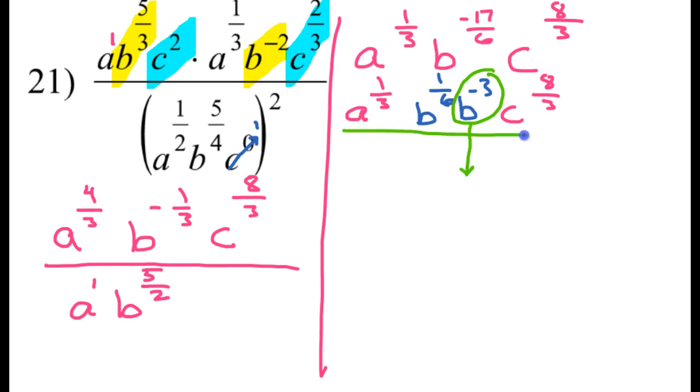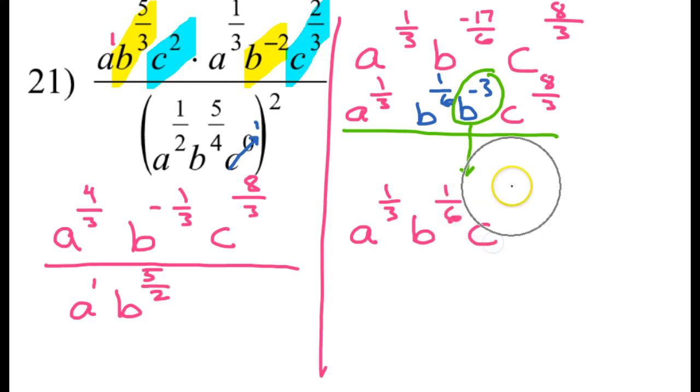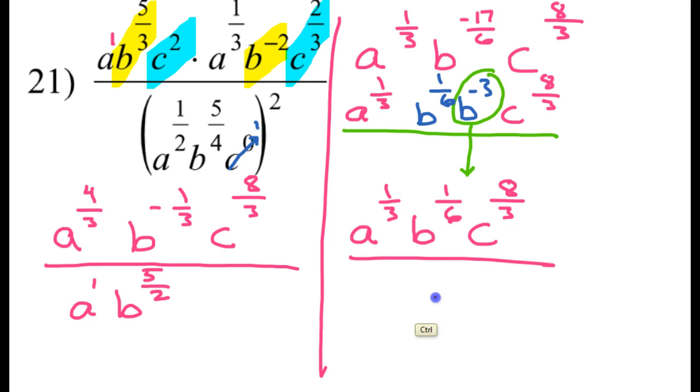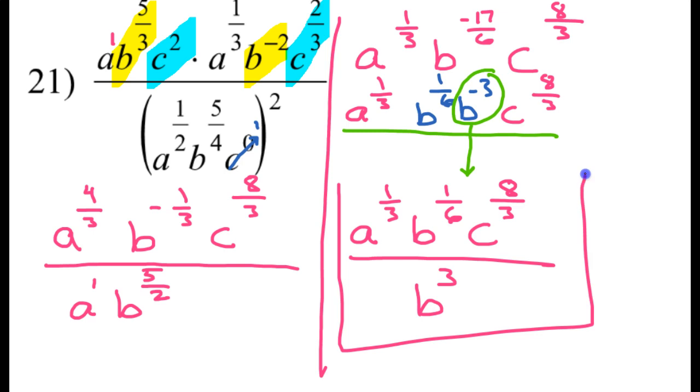So that's going to drop down to the bottom. So my final answer to number 21 is going to be a to the 1/3 power times b to the 1/6 power times c to the 8/3 power all over b to the 3rd power. So this will be the final answer for number 21.